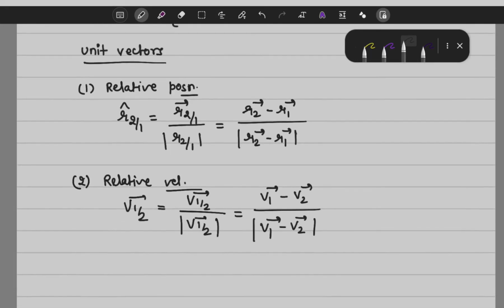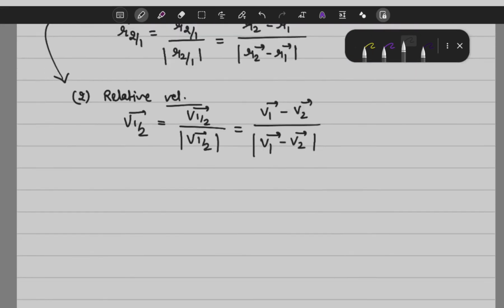Now we can equate these two unit vectors for the collision to happen.